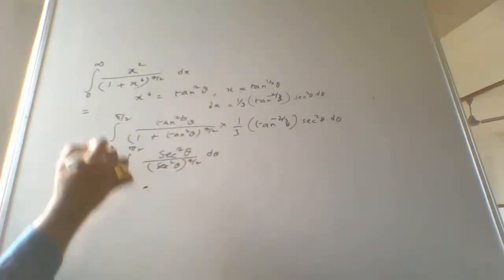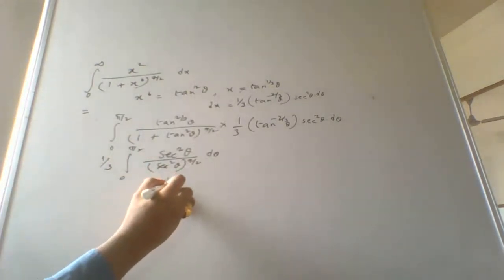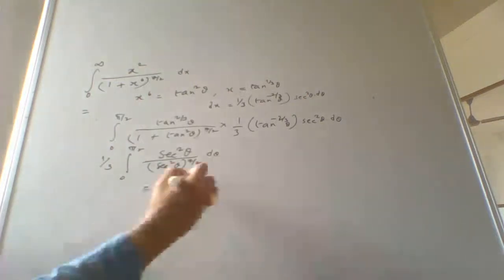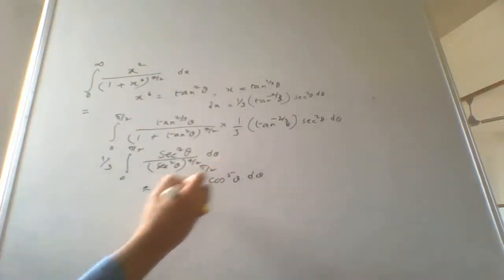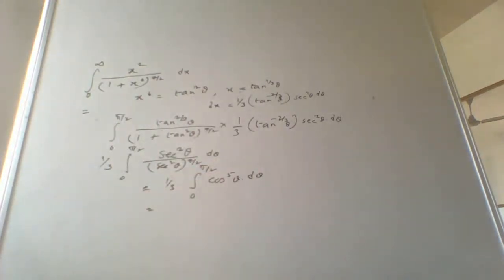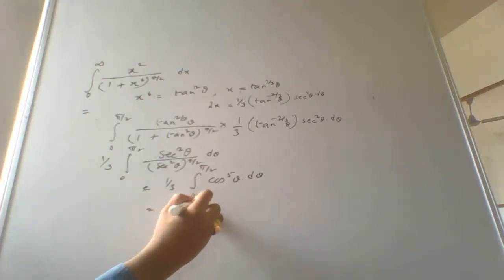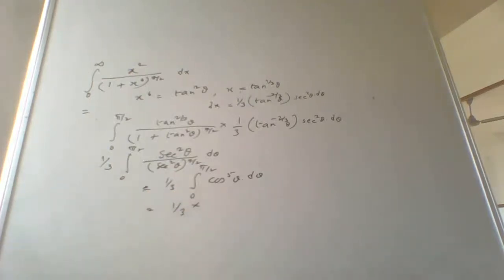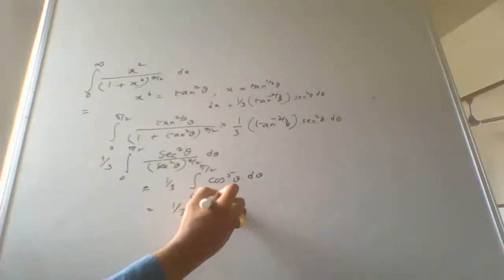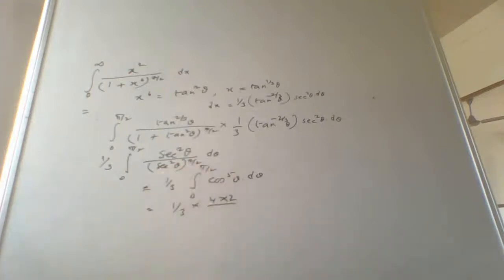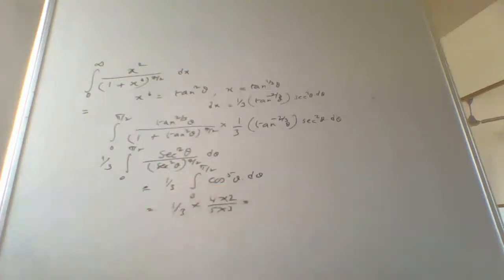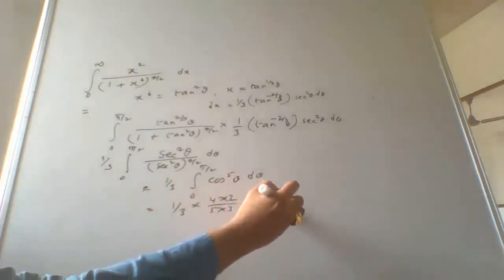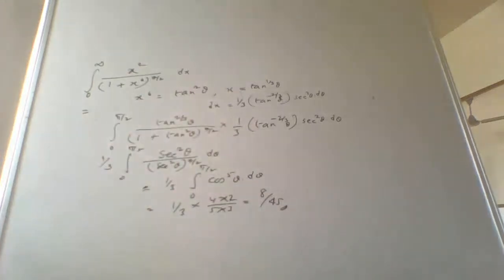This is 1 by 3 still outside. So integral 0 to pi by 2, I have cos power 5 theta d theta. Now this will be 1 by 3 into 4 into 2, since n is odd, so 5 into 3, which results to 8 by 45. So this is the solution for this.